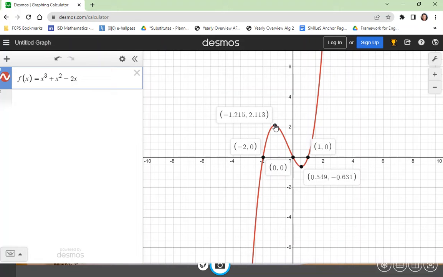That's an excellent question. Can anybody answer that? What's the y-intercept? 0, good. So our x-intercept is 0 and our y-intercept is 0 in this case, right? Okay.